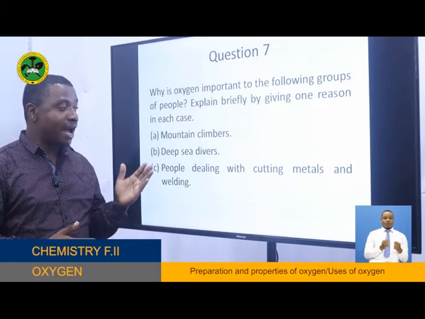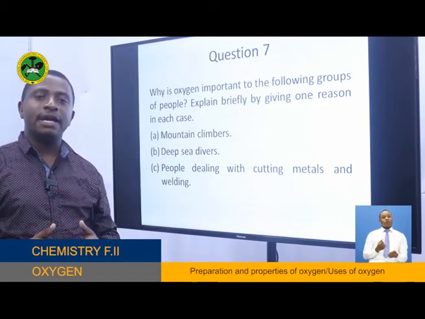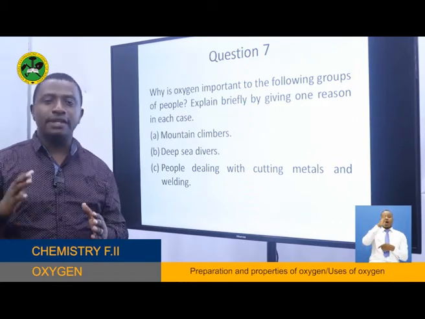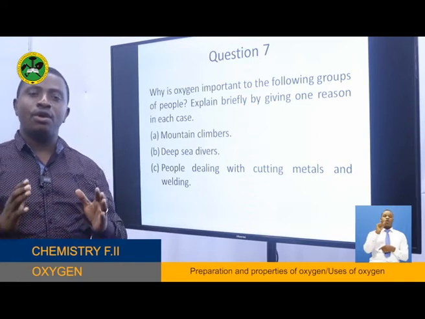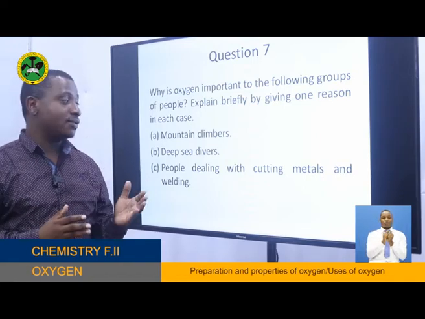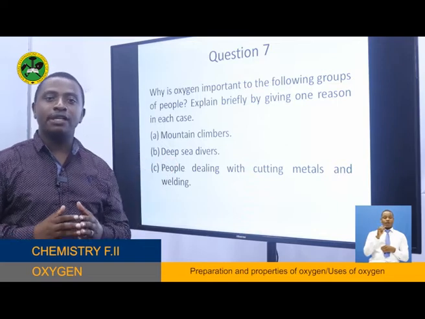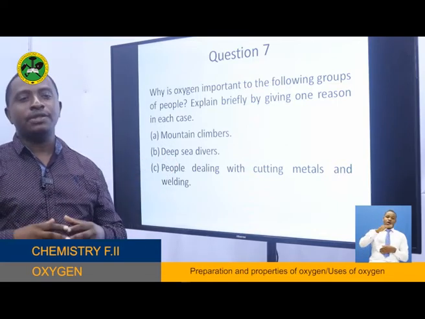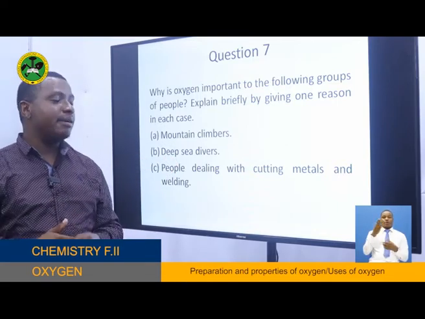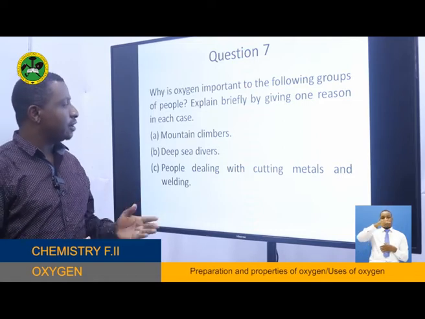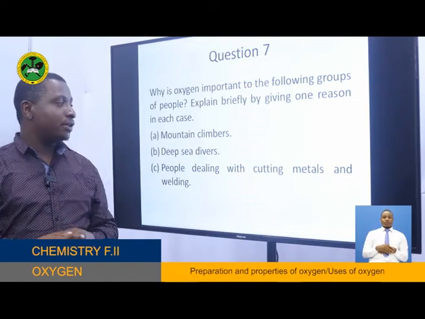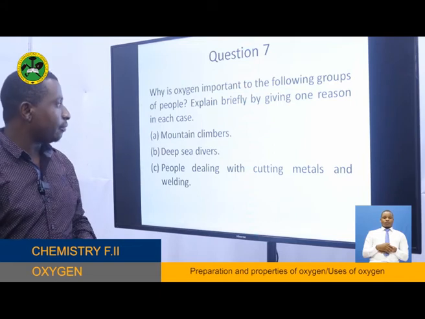So the reason behind it is that in high altitude there is low concentration of oxygen. That's why mountain climbers require oxygen cylinders when they are climbing their mountains. This is the way that you can respond to such a question.